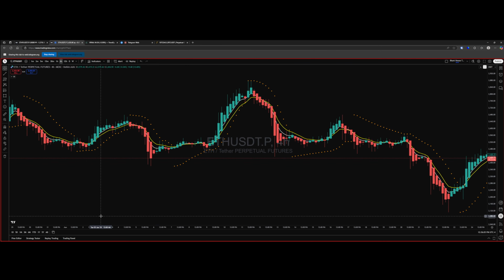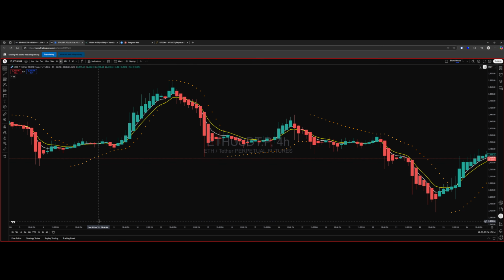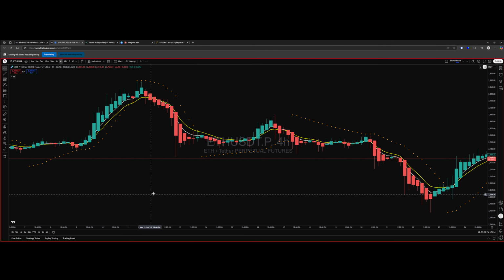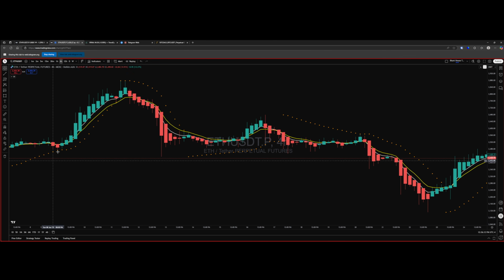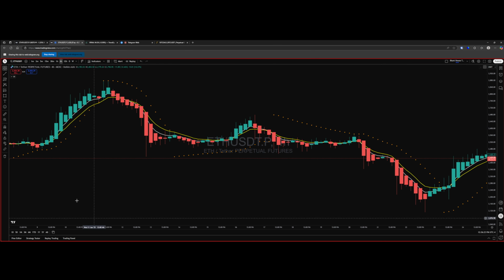This is a 4-hour ETH chart. So again, which would our entry candle be on this chart, on this run up to the left? It would be the first solid green candle with no lower wick and a parabolic beneath price. So this would be your entry candle.